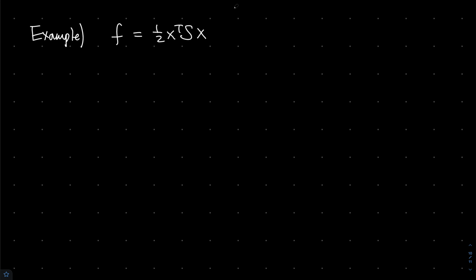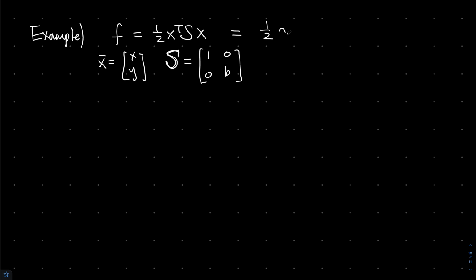This is a quadratic function, where the vector x is small x, small y, and the matrix S is a diagonal matrix 1, 0, 0, b, a very simple matrix. Then this quadratic becomes 1/2 of x squared plus b y squared.